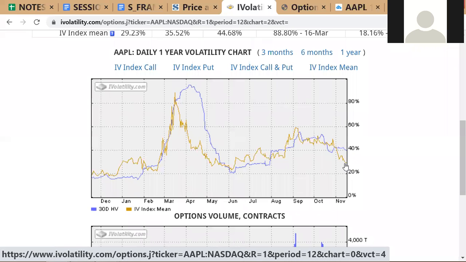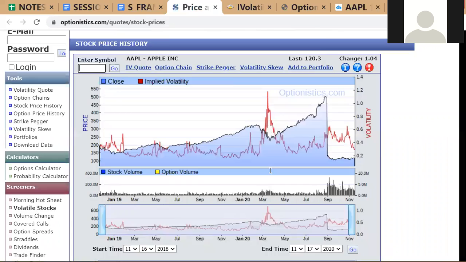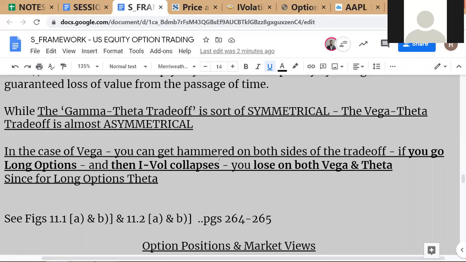The reason I'm saying that a vega theta trade-off can almost be asymmetrical is that you can get killed on both fronts. If you buy it here and then eyeball keeps collapsing, then your option positions will lose value because of vega, and they will also lose value because of theta, because long options always lose value because of theta. That's all I meant by that: you can get killed on both fronts.